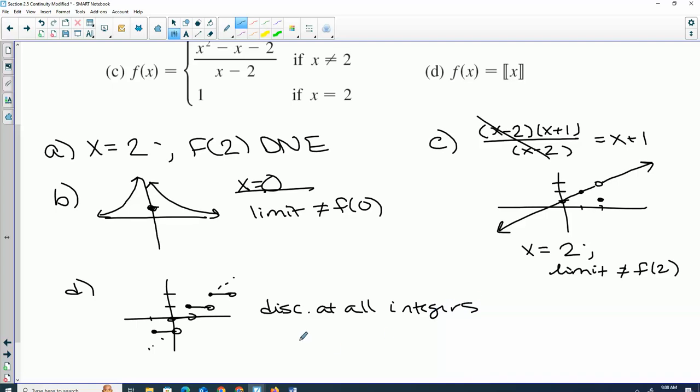Okay, does the function exist at the integer values? Yeah, does the limit exist? No. All right.